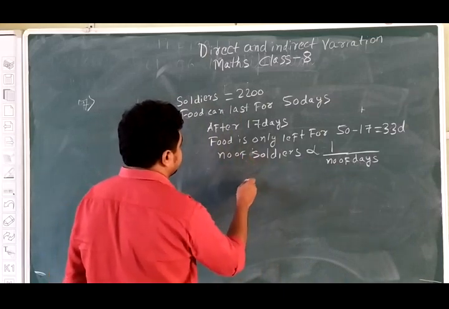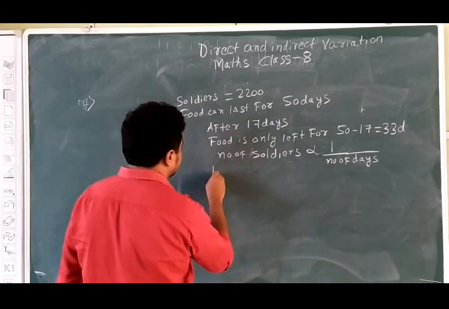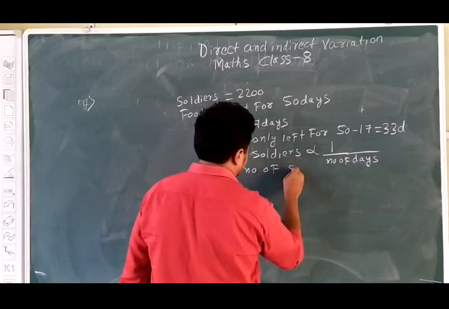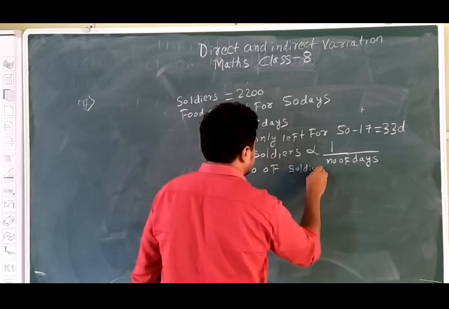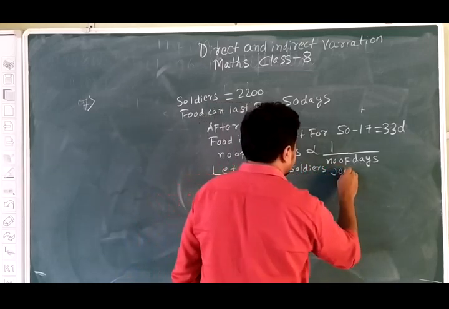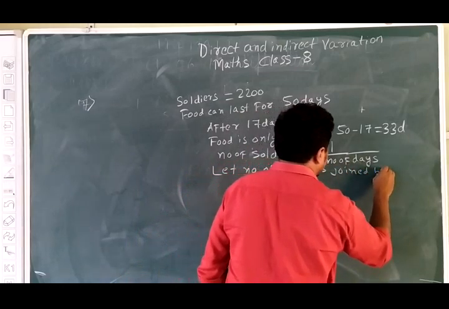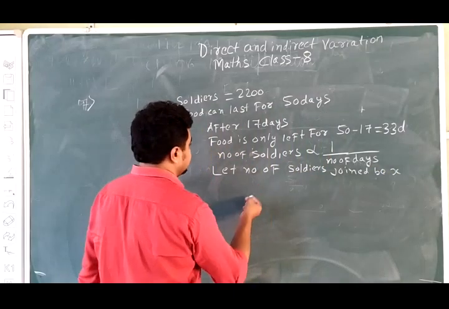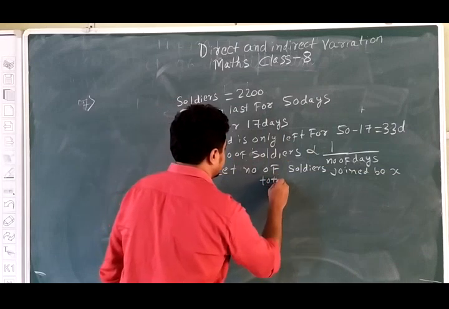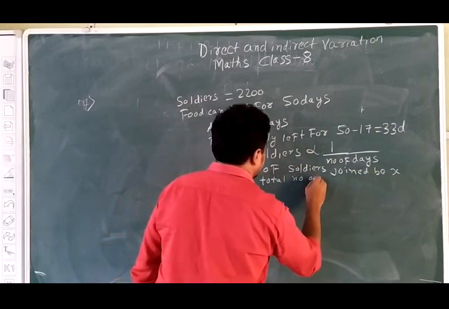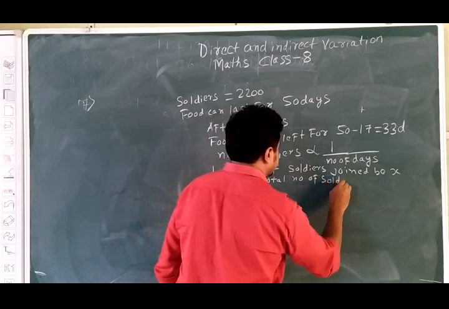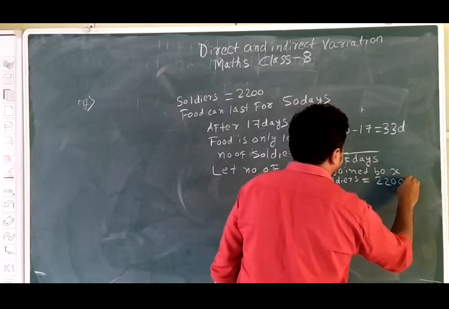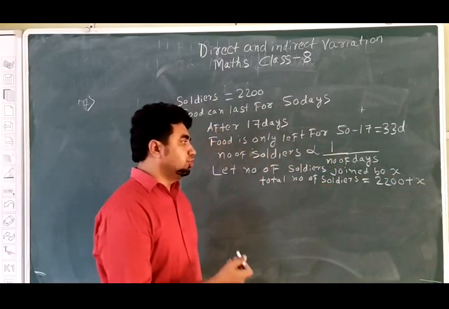So for the first case, now after 17 days, let the number of soldiers who have joined, we are taking it as x. Total number of soldiers will be equal to 2200 plus x.